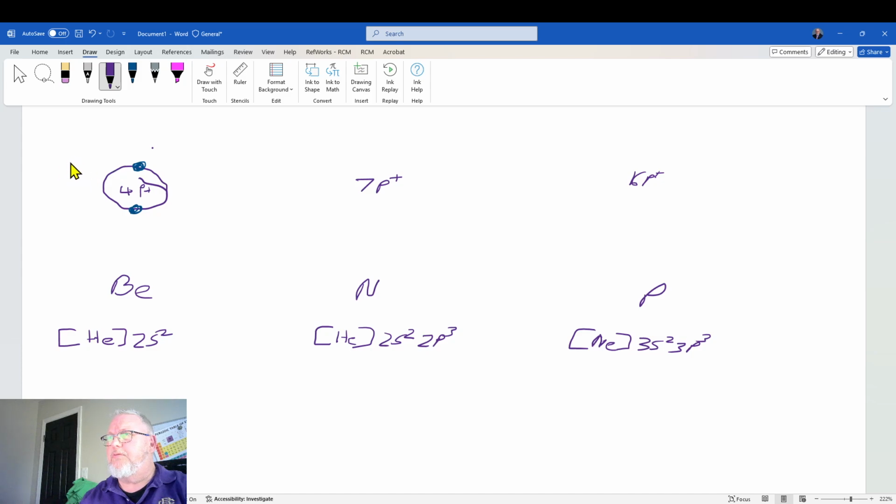On the second level, these are the valence electrons, it's going to have 2 electrons.